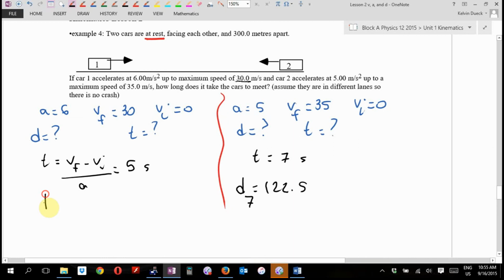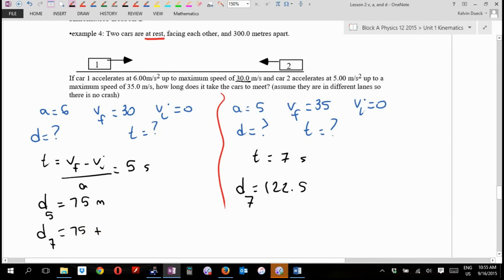How far does this guy travel in the first 5 seconds? 75? And then, how far does this guy travel in the first 7 seconds? It's going to be 75, and now we're going at a constant speed.